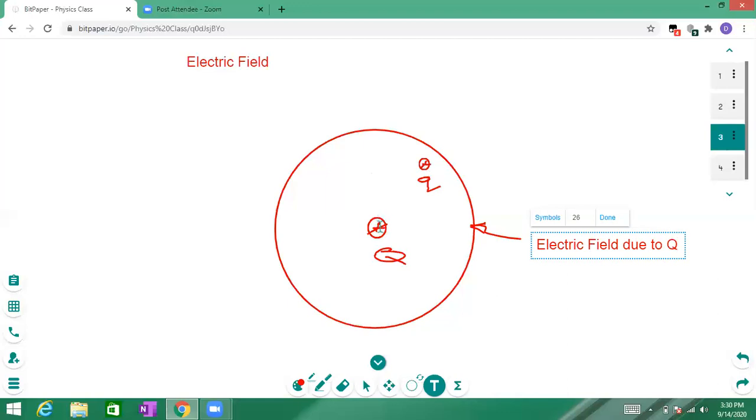Since both charges are positive, if this charge small q enters into this field, then it will experience repulsion. But if this charge is outside, then it will experience no force. So we can show it like this here.